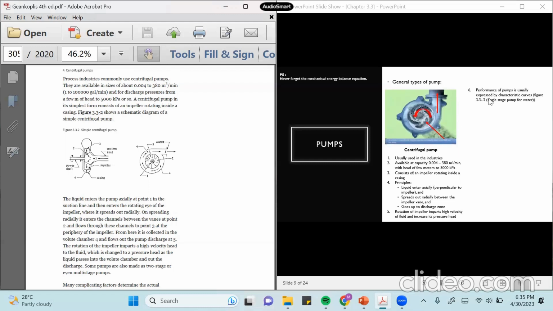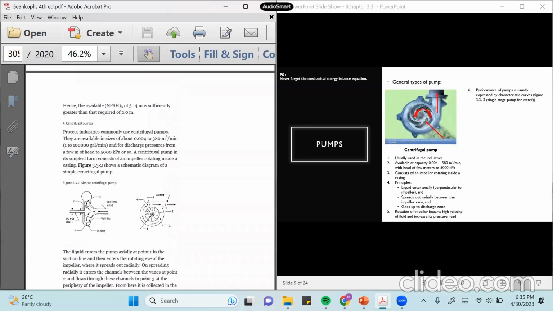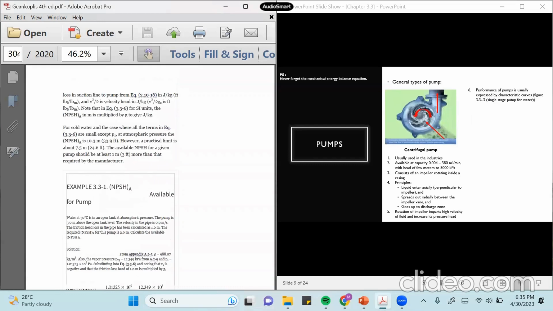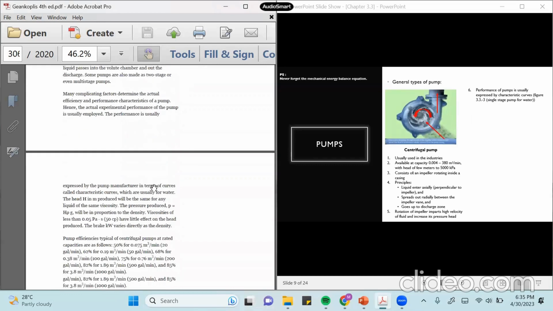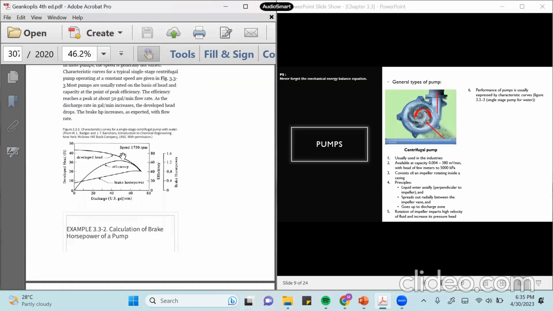Now the performance of this type of pump is usually expressed by the characteristic curve shown in figure 3. Where is it? Let me check. Scroll it down. Ah, this one. So this is the characteristic curve for a single stage centrifugal pump.